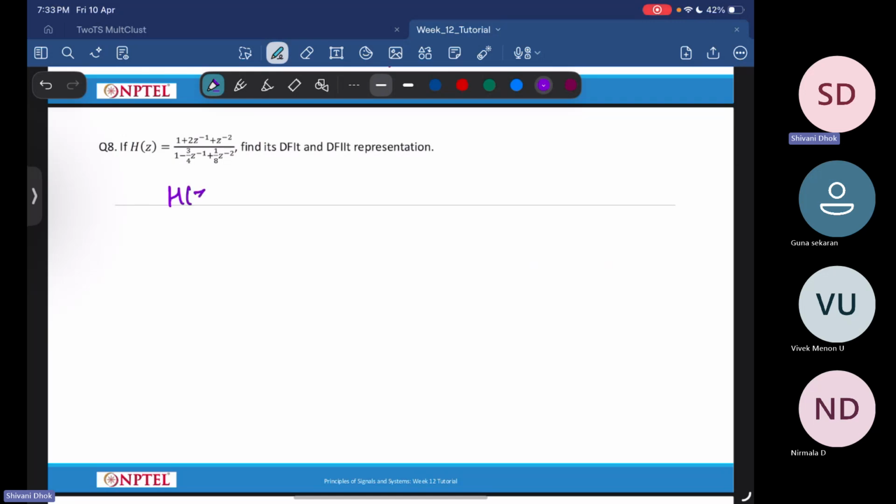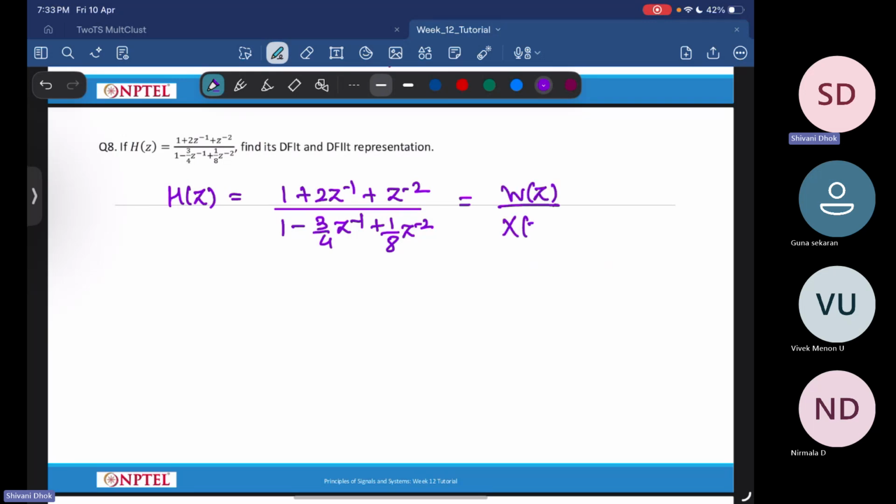You have your H of z as 1 plus 2z inverse plus z to the power minus 2 divided by 1 minus 3 by 4 z inverse plus 1 by 8 z to the power minus 2, which I can write as W of z upon X of z into Y of z upon W of z.